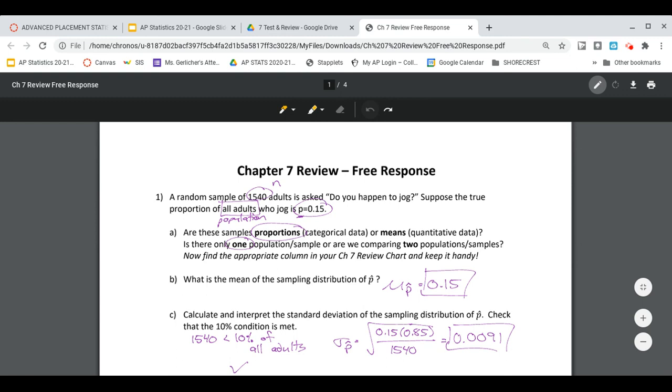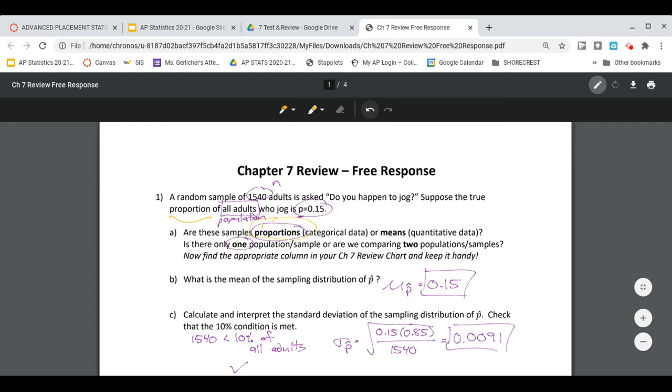Okay, so the first thing you need to do when you get a problem is to look at the situation and figure out, is it a proportion or a mean? And is it a 1 sample situation or a 2 sample situation? So here, we say, suppose the true proportion. So there's your clue that it's proportions. And we only have 1 group we're pulling from, right?